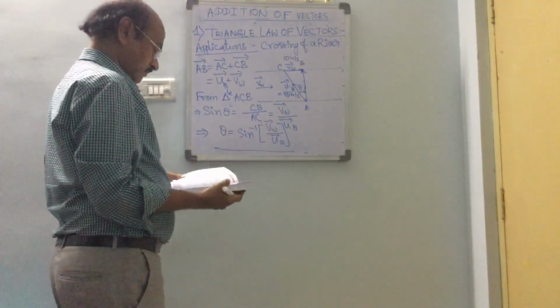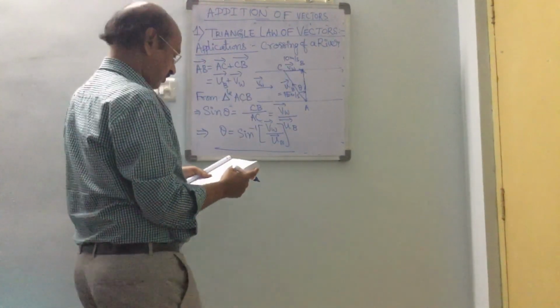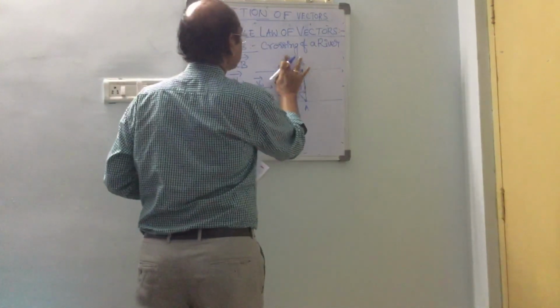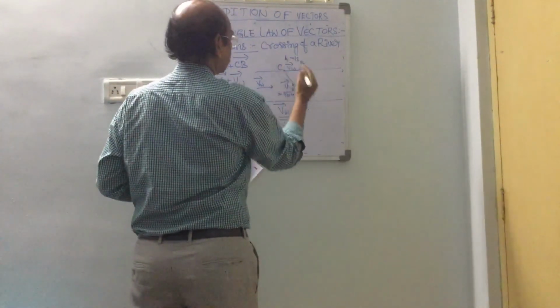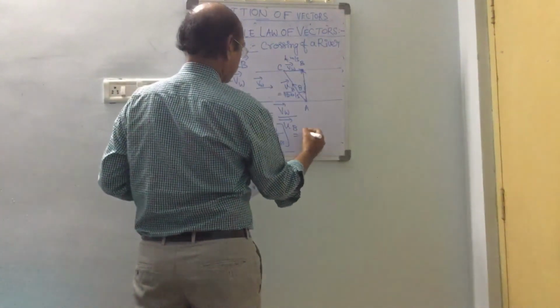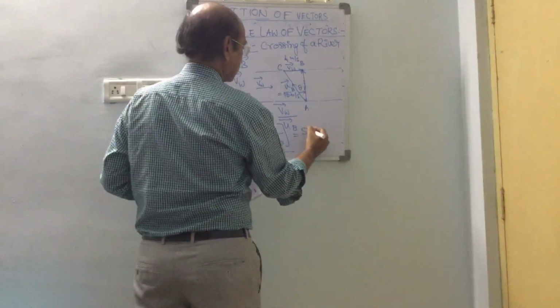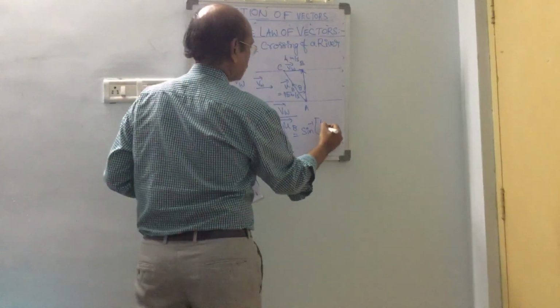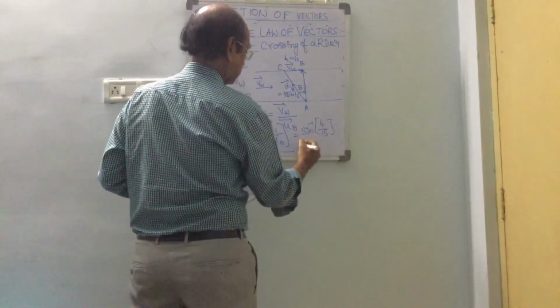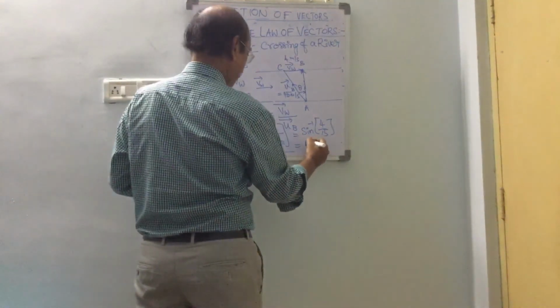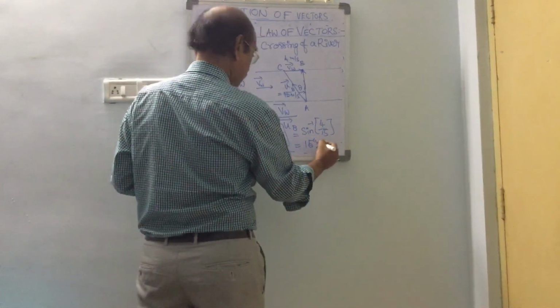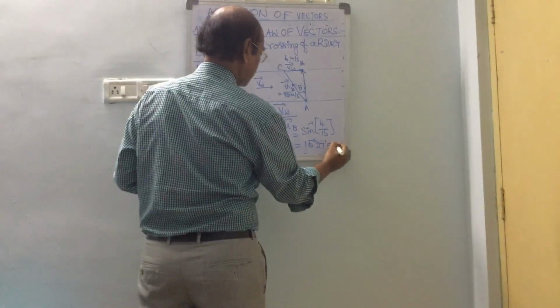Then the direction of the boat should be theta equal to sine inverse 4 by 15. This is equal to 15 degrees, 27 minutes, 58 seconds.